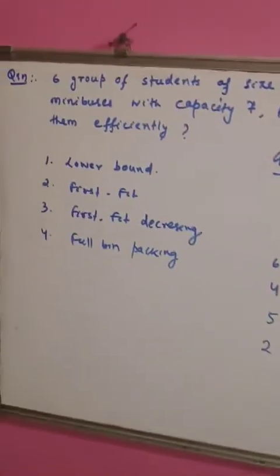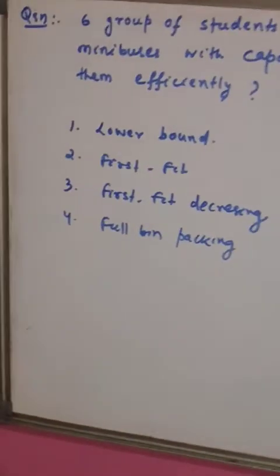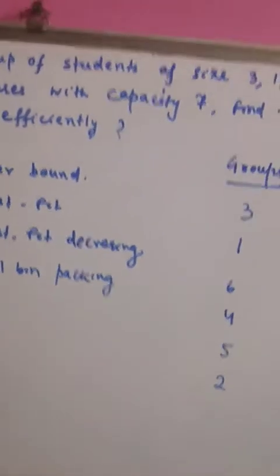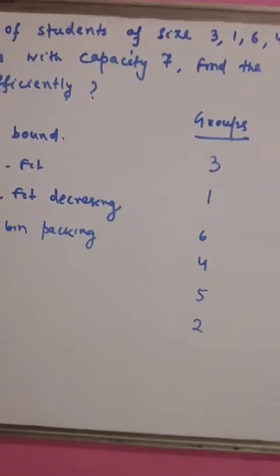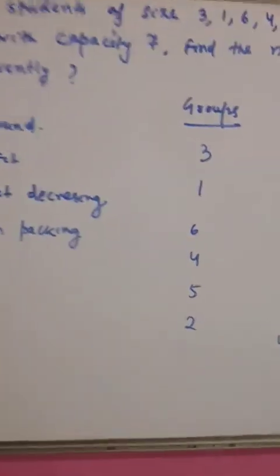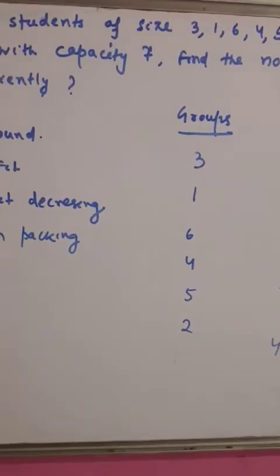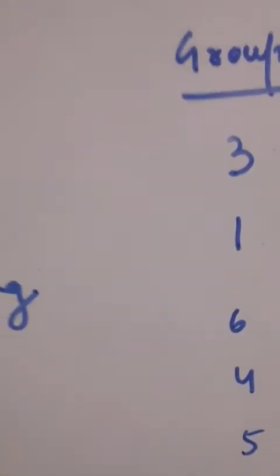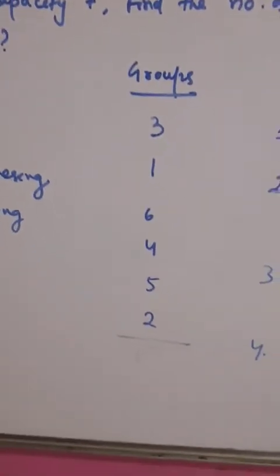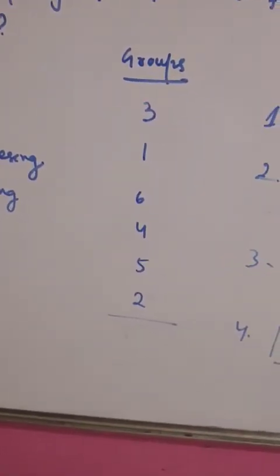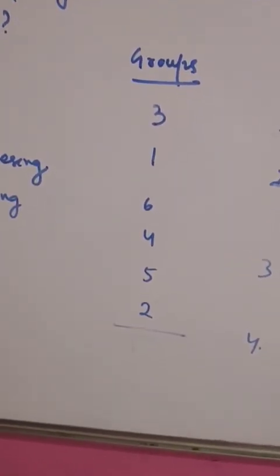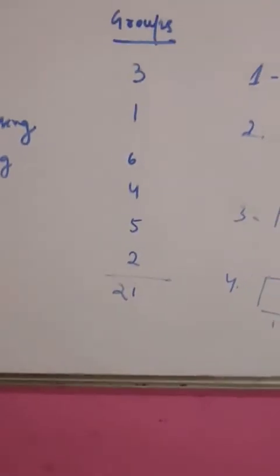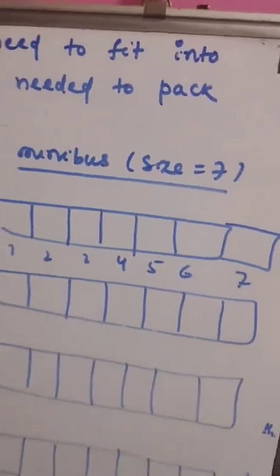So the first step is to find the lower bound of this problem. How to find the lower bound? Let us add the number of students: 3 plus 1 is 4, plus 6 is 10, plus 4 is 14, plus 5 is 19, plus 2 is 21. The total number of students is 21 and each minibus is of size 7.